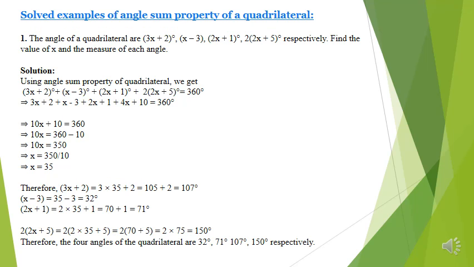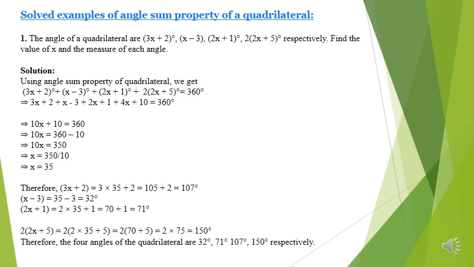Students, this is one solved example based on the angle sum property of a quadrilateral. Here, the measure of each interior angle is given in the form of a variable and a constant. First of all, we have to find the value of x and then find the measure of each angle. According to the angle sum property of a quadrilateral, we add all four angles, which is equal to 360.